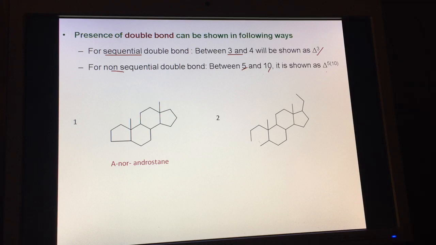Just see that this molecule has 2 angular methyl groups, C19, then this is position number 20 and this is 21. So, it is a C21 derivative. Now, corresponding to C21, what do we have as the name? We have the name pregnane. So, basically it is a derivative of pregnane.